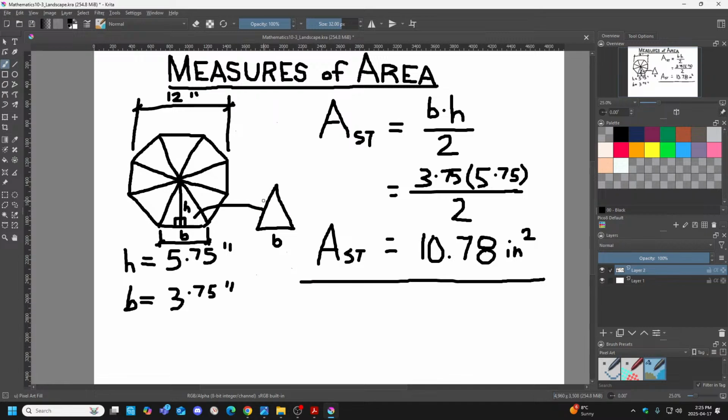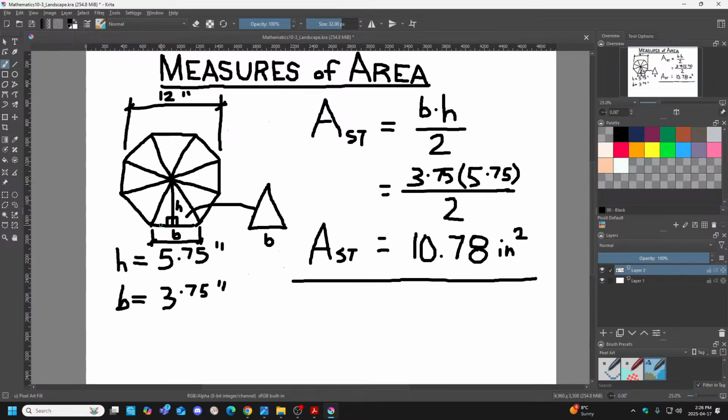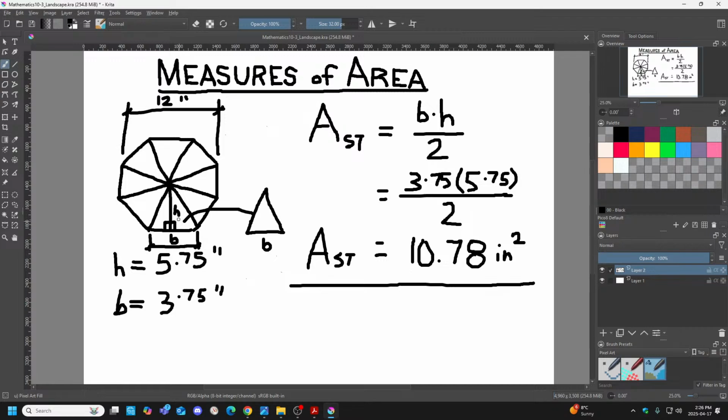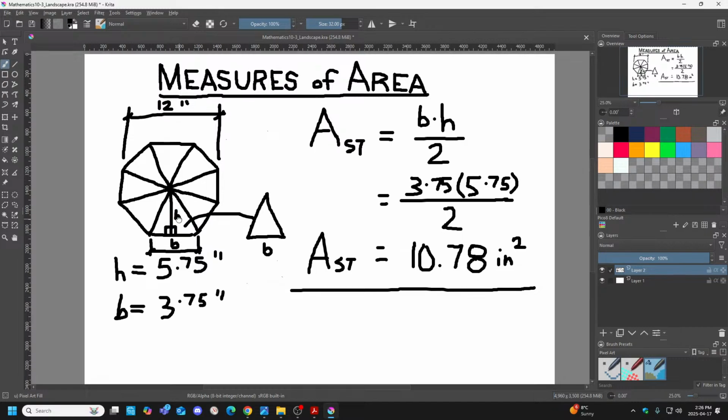That means they are asking for the total area of the stop sign. All we've done so far is calculate the area of this triangle. Now we don't really need this here because we just needed a height, and this gave us the height.